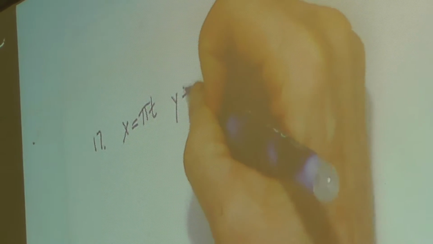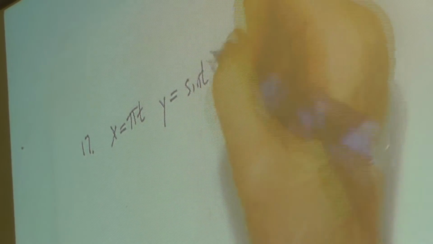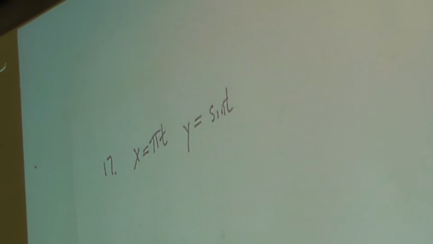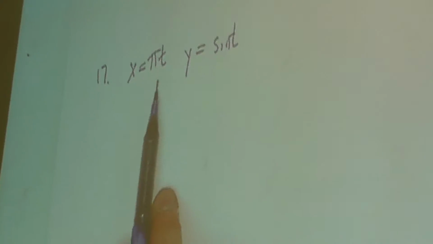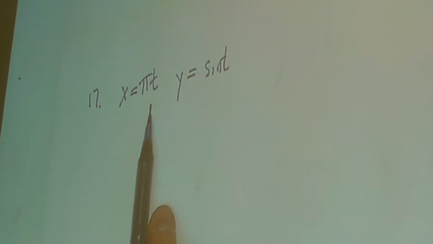17? Yes. Okay, so 17, they give you x equals pi t, y is sine of t. So it's pretty similar to what I did here. And that is, I can solve this equation very easily for t.